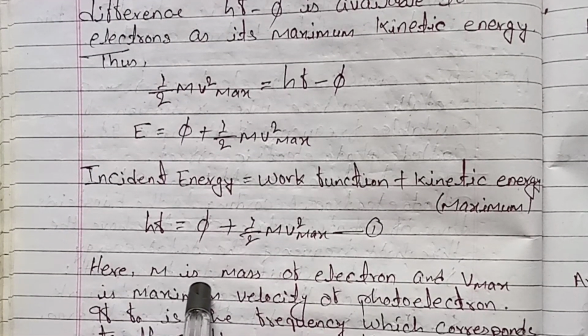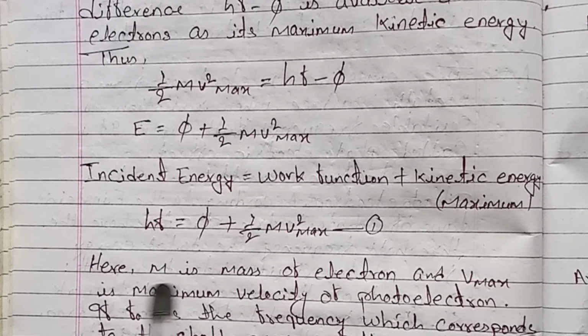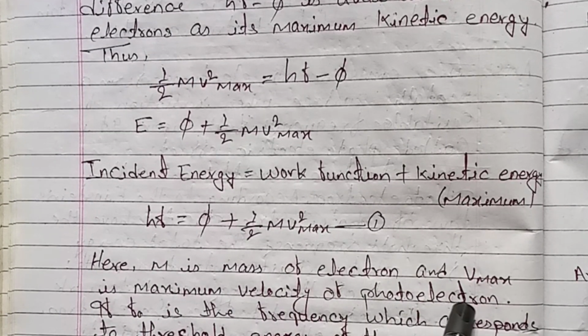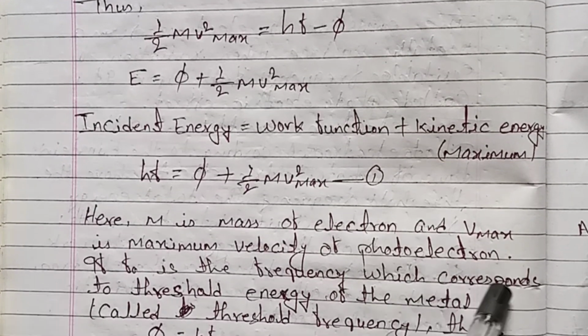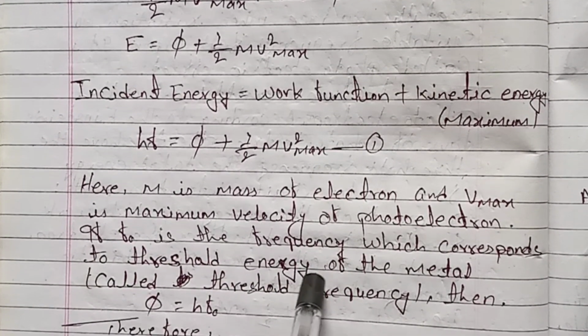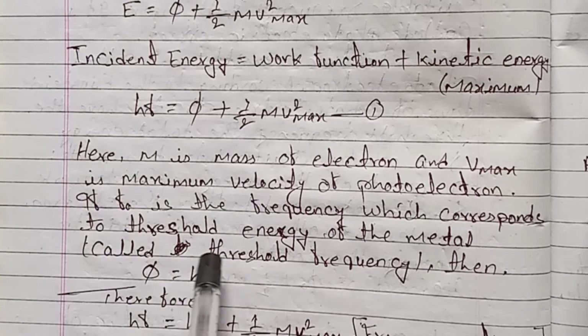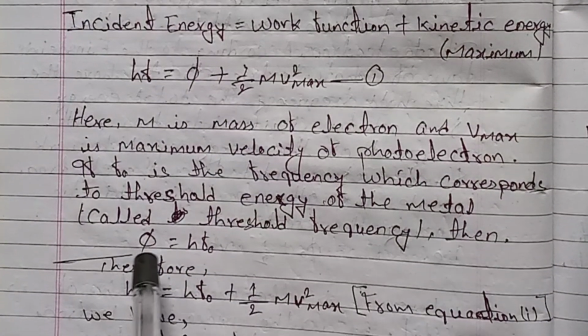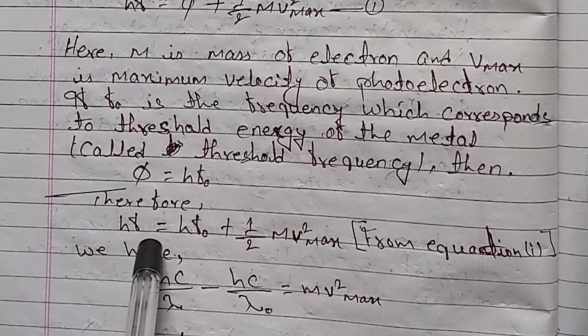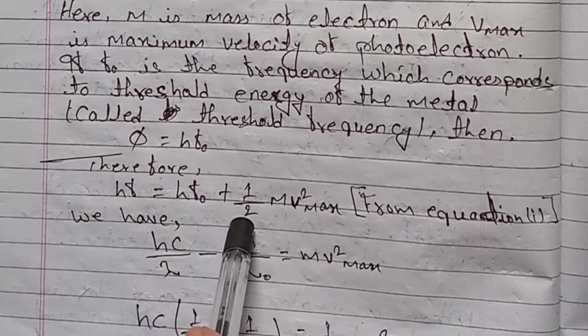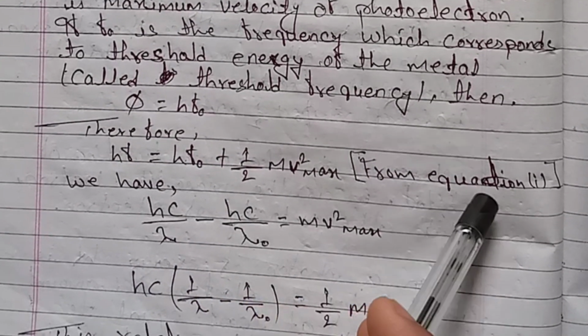Here m is the mass of the electron and v max is the maximum velocity of the photoelectron. If f0 is the frequency which corresponds to the threshold energy of the metal, called the threshold frequency, then φ0 is equal to hf0. Therefore, hf is equal to hf0 plus 1/2 m v max squared, from equation number 1.